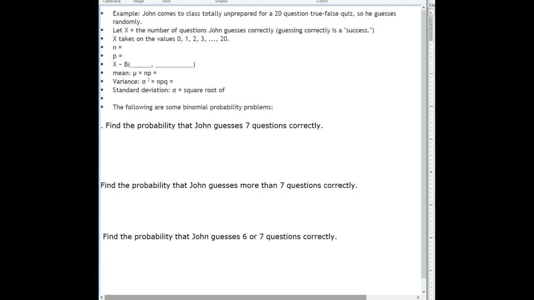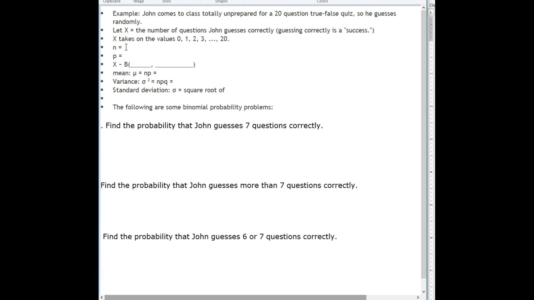Here's another example. John comes to class totally unprepared for a 20-question true-false quiz. So he guesses randomly. We're going to let X equal the number of questions that John guesses correctly. So guessing correctly is a success. And then X takes on the values from 0 to 20 because there's 20 questions in the true-false quiz.